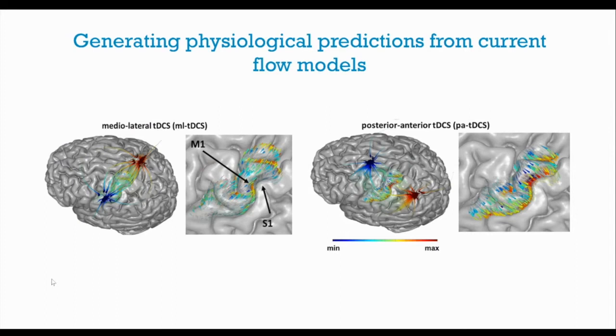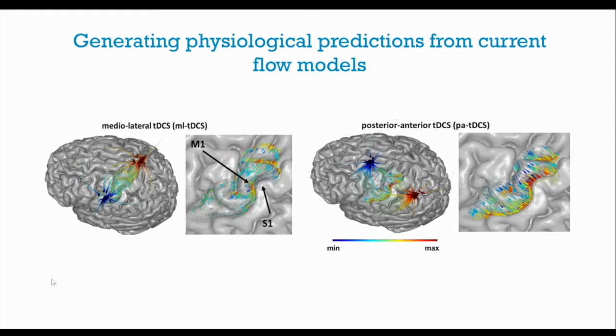Here it was really the idea to say, well, if we deliver current in a certain way to the target area in primary motor cortex, then perhaps because we have a slightly more uniform delivery of current, that has a stronger physiological effect than another type of montage that does not have that. I won't go into too much detail, just to make the point that based on these current flow models, we may make a prediction of what kind of effect should be occurring.